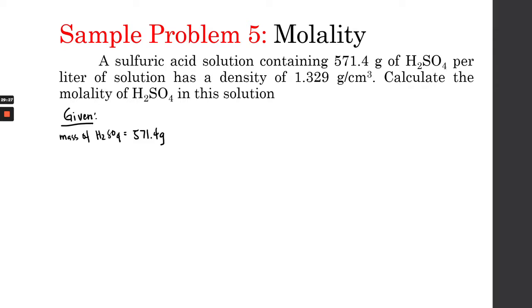The density of your solution is equal to 1.329 grams per cubic centimeter. Calculate the molality. So what is being asked is the small letter m, which stands for the molality of the solution, the concentration of H2SO4 in this solution.